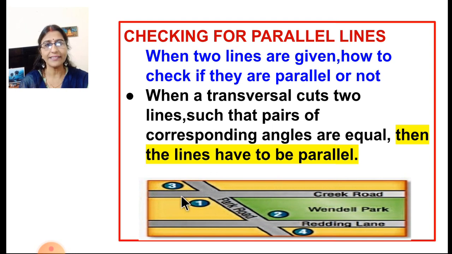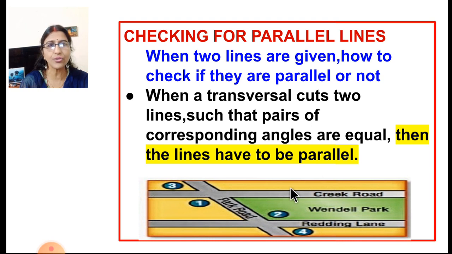You can see here, this looks like a line which is a road. It is a transversal and these two are the lines, and if I draw one angle here, this is corresponding to the angle which is drawn here. So if these corresponding angles are equal, then the lines have to be parallel.